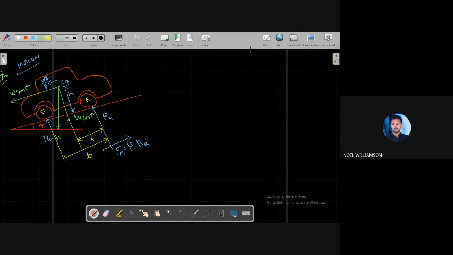The case where the brake is applied to the rear wheels only. In that case, there is case 1. That is case 1.